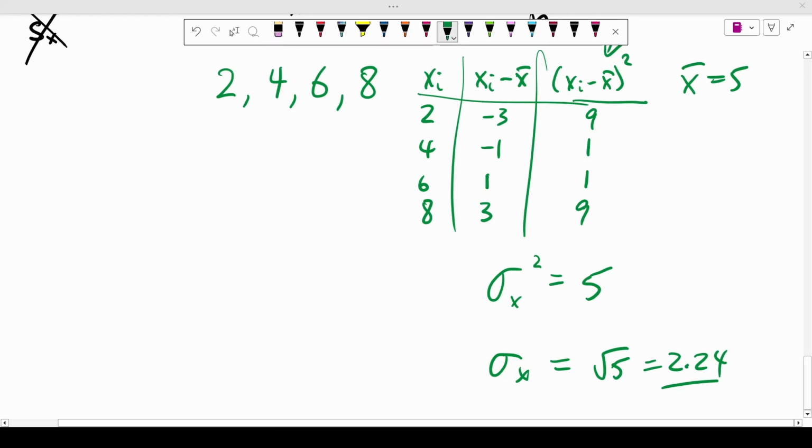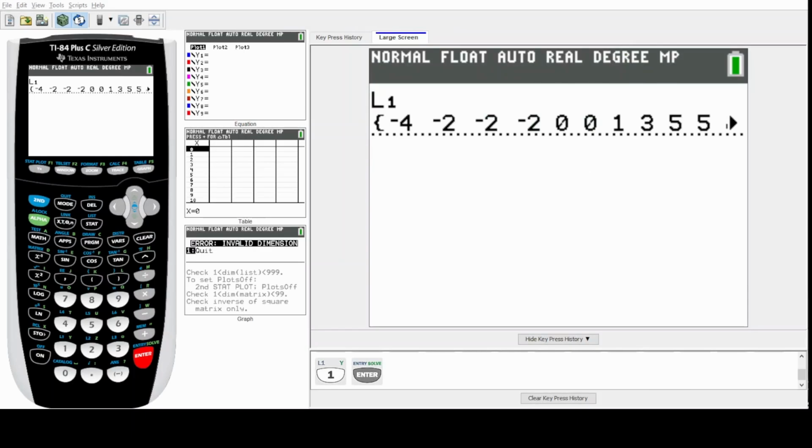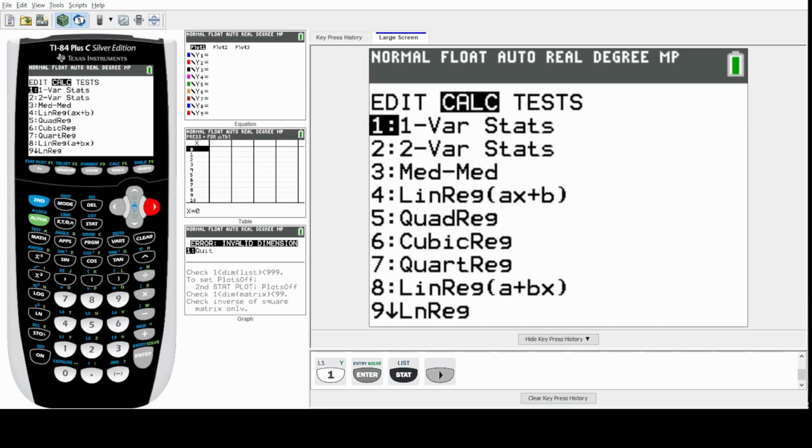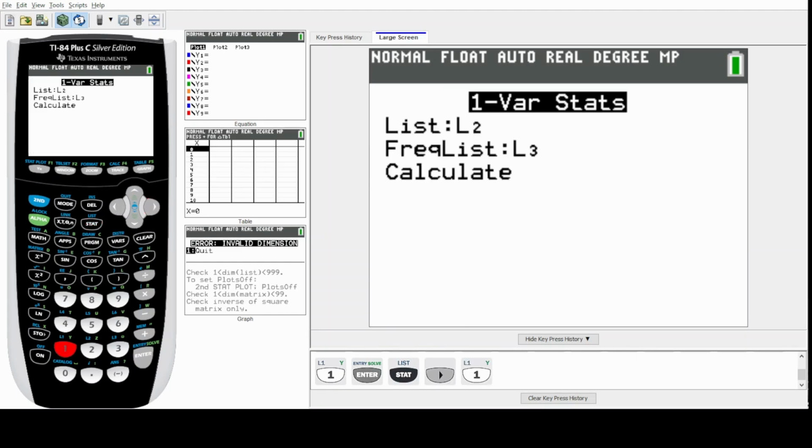Now, what about on a GDC? Well, on the GDC, you can see that L1 has this list of data. If I wanted to know the population variance or standard deviation, I'd go into Stat, Calc, one variable statistics, and this is not what I want, so my list is actually L1, second L1.